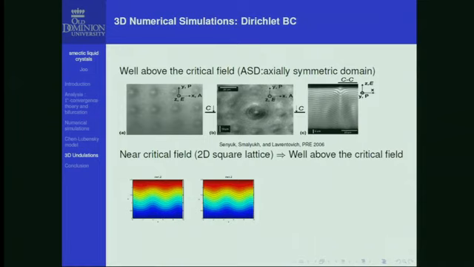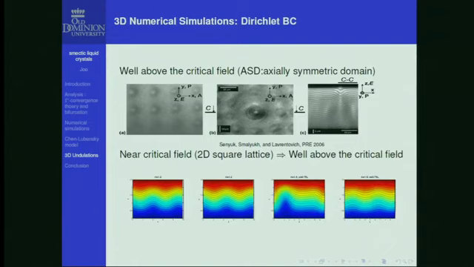And then what we have near the critical field is the section of that undulation. This is the XZ section, and this is the YZ section at the critical field, and then it becomes bigger. Then you can see the undulation is bigger in just one direction. So this is the undulation numerical simulation that we have.